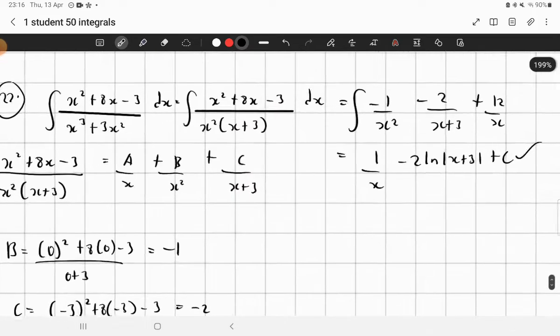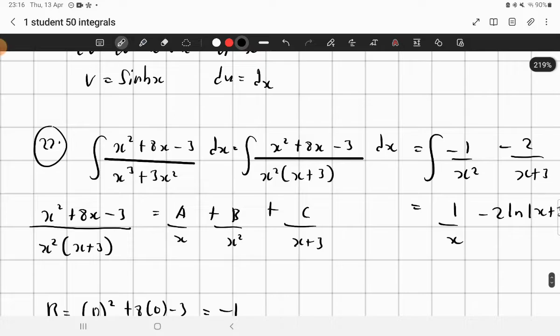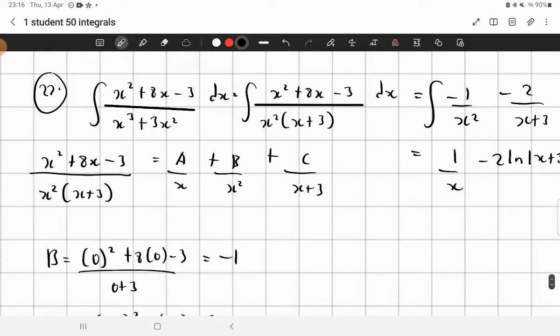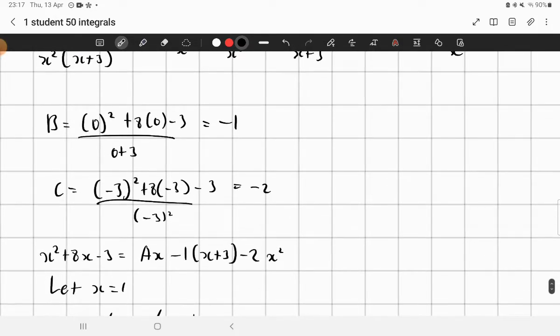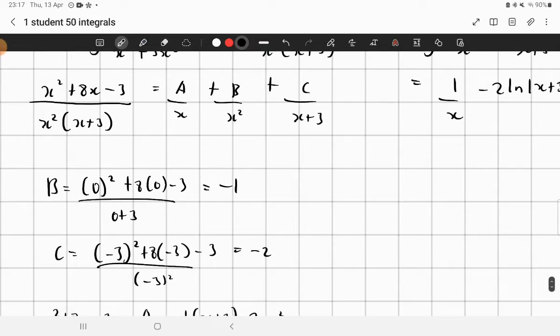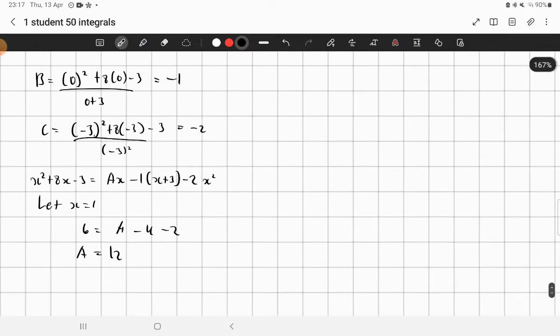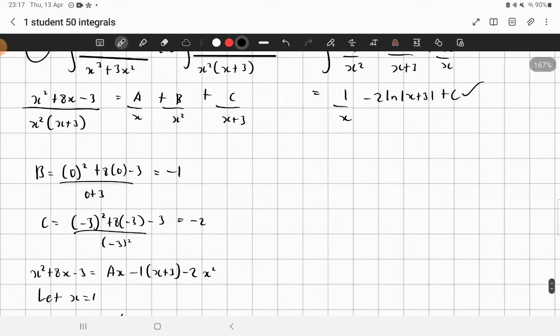Honestly, did I miss something? x plus 3x squared. I believe I didn't miss anything, honestly. Looking here, when I see the scheme, why is my 8 12? Oh my gosh. Negative.